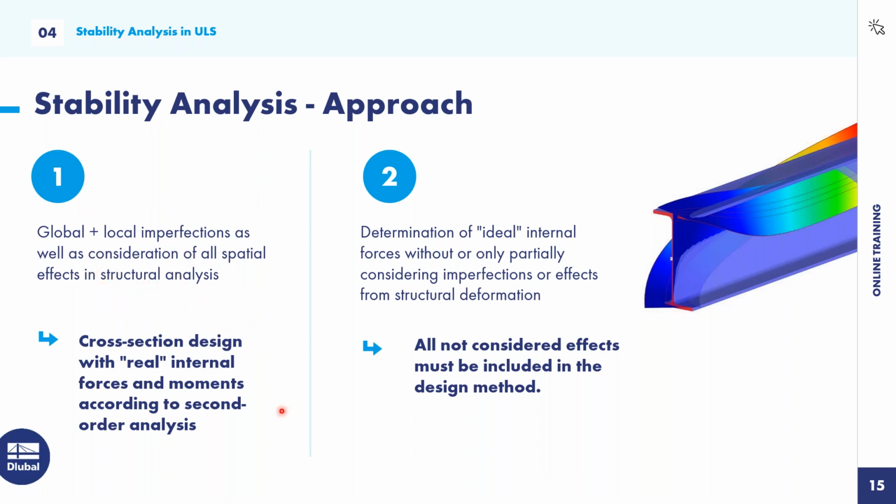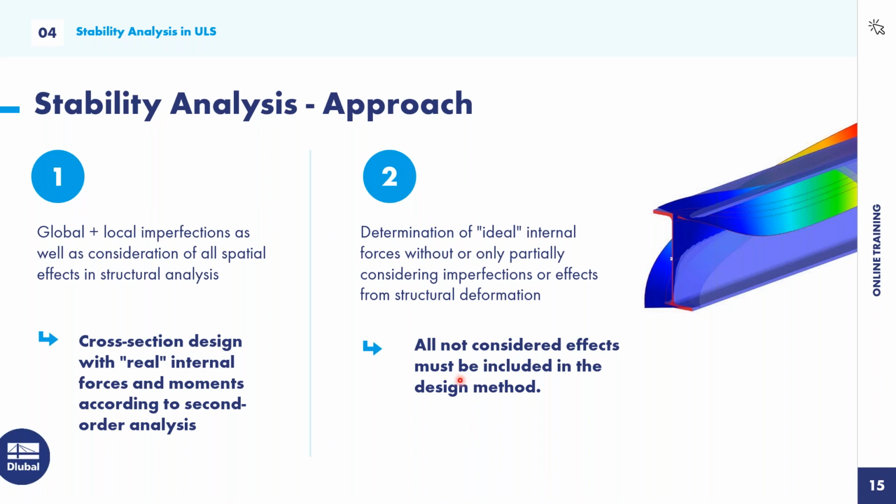So I calculate with real internal forces according to the second order analysis. And the other way of approach is to determine the ideal internal forces without or only partially considering imperfections. So it's method B and method C from the structural deformation. So all not considered effects must be included in the design method.